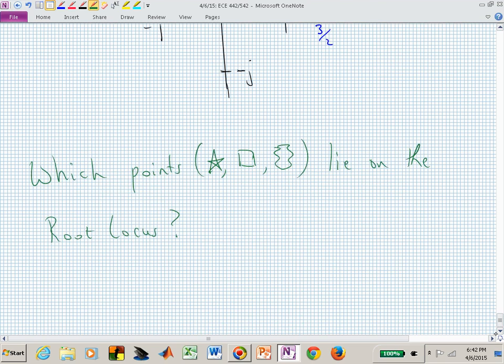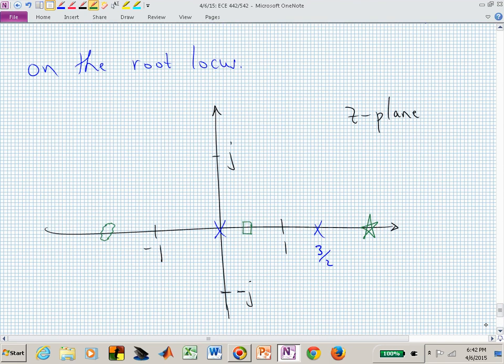And the way that we can do that is we can compute the angle of g of z at each of those points. And the angle of g of z is determined by the poles and the zeros and how they behave relative to those locations, the star, the square, and the cloud.